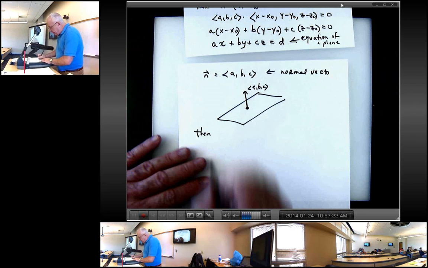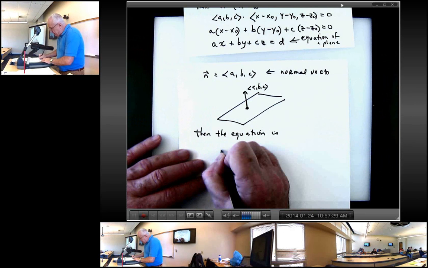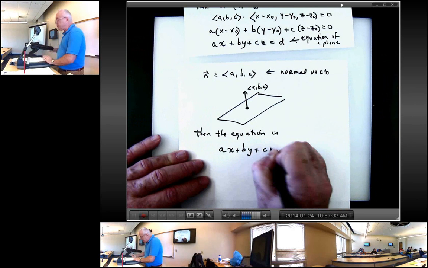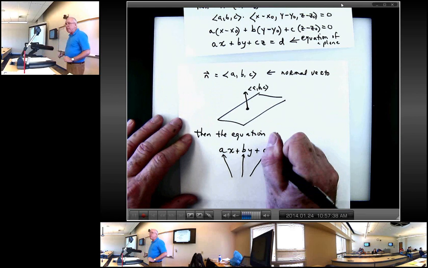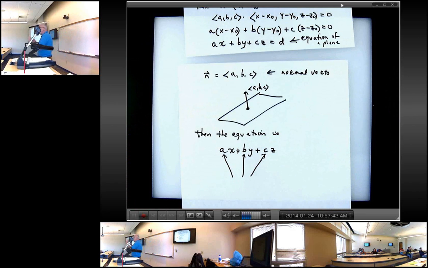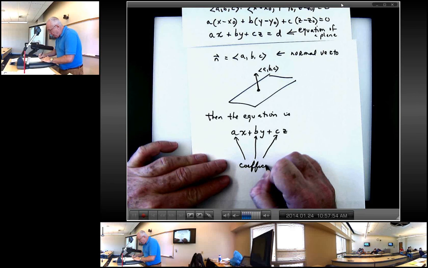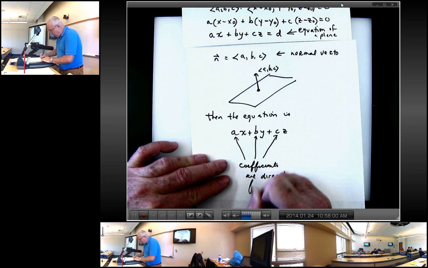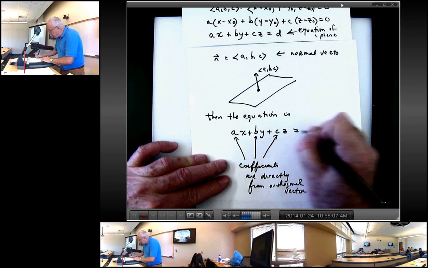The equation of the plane is A times X plus B times Y plus C times Z. Notice that the coefficients of the X, Y, and Z are directly from the orthogonal vector, and that equals some number D.